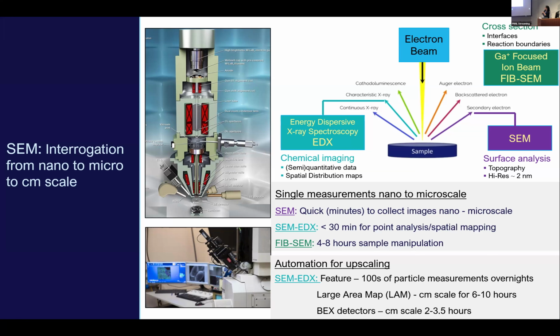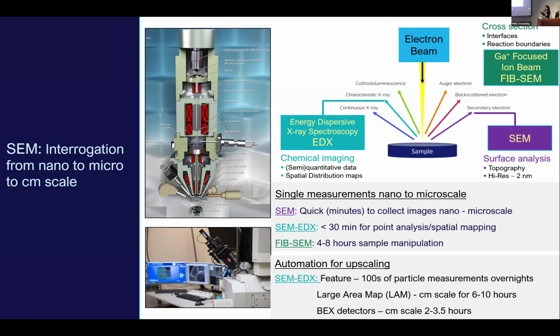Another application that I'm going to talk about here is called large area map, or LAM for short. This is scaling up from micron scale to centimeter scale for EDX measurement. Imagine you can get a tile of 50 by 50 micron, or 30 by 30 micron, or 100 by 100 micron, and then repeat this tile across all your sample up to centimeter scale.